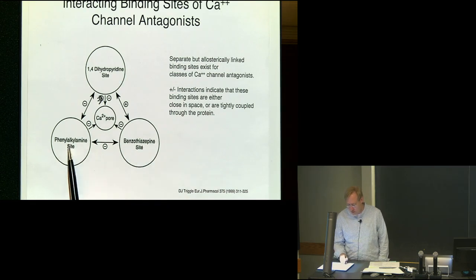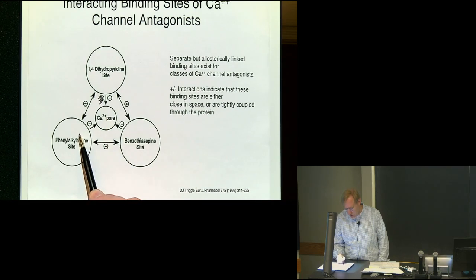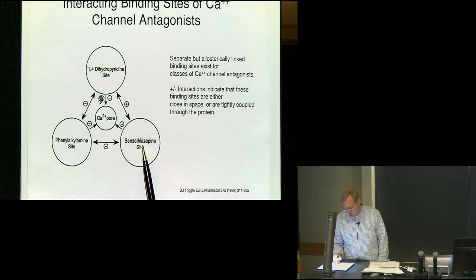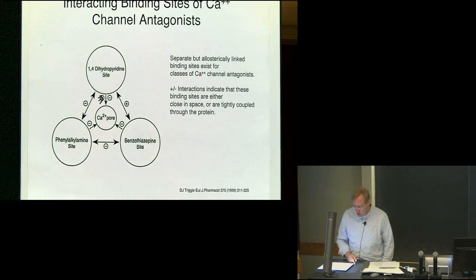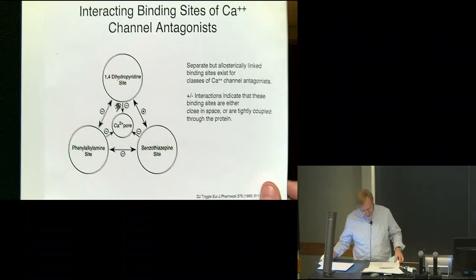So each of these can inhibit calcium ions coming through, shown by that negative sign, but sometimes the binding of one might enhance the binding of another drug in that class or prevent the binding of a drug in a different class. So these are all distinct sites, but they're linked in a complex way allosterically.